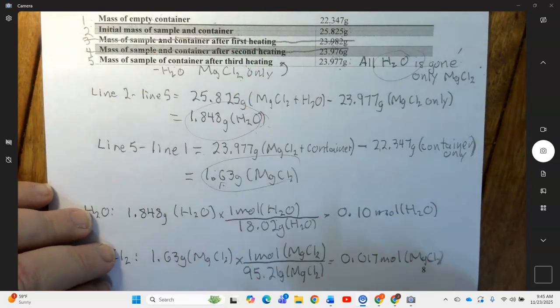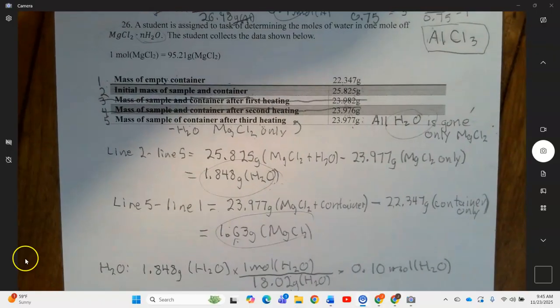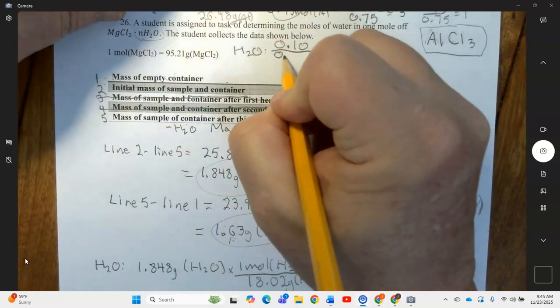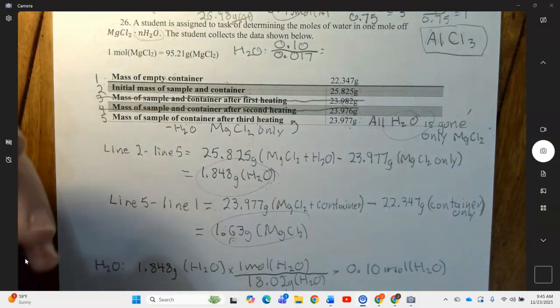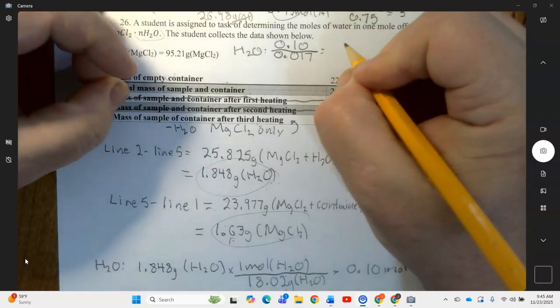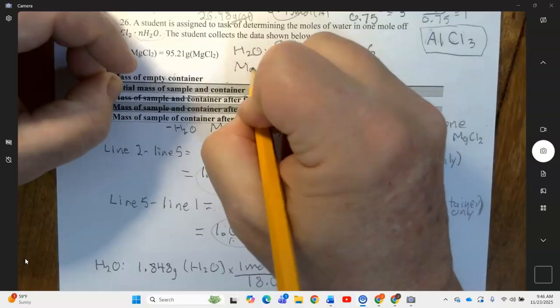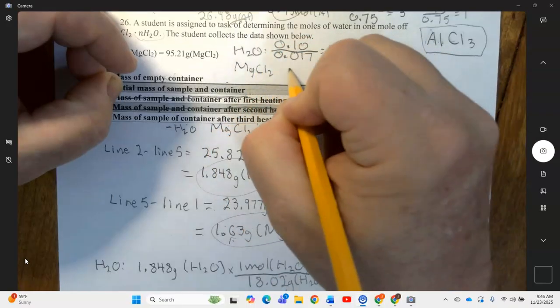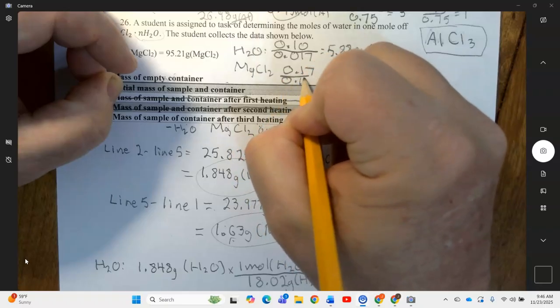I'm going to come up here above where I have a little more room, and I'm going to make a ratio. Okay, the smaller number is 0.017 on the bottom. Okay, and if you do the division on that, you get 5.88, and we're going to call that close enough to 6. And for MgCl2, 0.017 over itself, smaller on the bottom, smaller at the top.